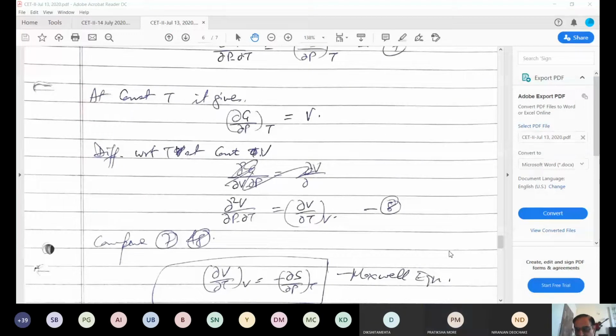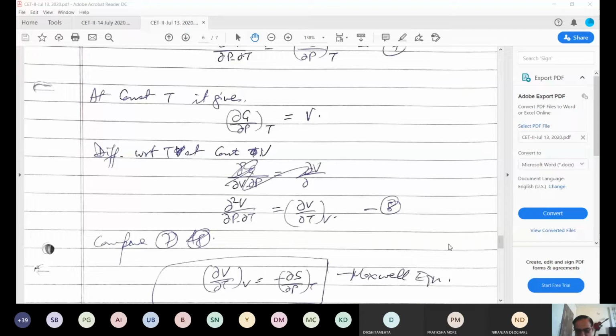Is it clear or do you have any doubts for this? Because on similar lines, we do one derivation, we can do similar derivations using dU, dH, dA and dG. Four fundamental property relations. Use one as a starting point, take the derivative with respect to one independent variable, then the derivative with respect to the second independent variable. The left hand side will be the same in both the equations.